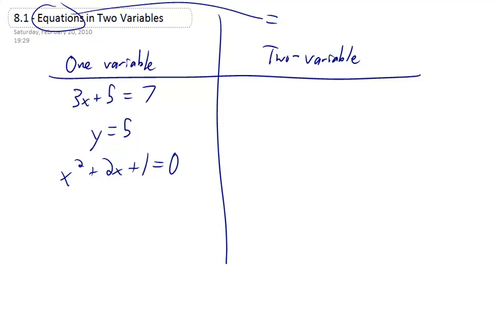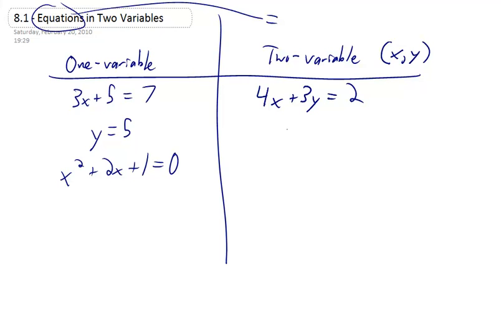We also have two variable equations. Two variable equations are where we're going. And typically with our two variable equations, we're going to stick with x and y, just to have a standard system. That does not necessarily mean you need to have only x and y, but for now, x and y. So here's an equation. This is the equation of a line written in standard form. 4x plus 3y equals 2.